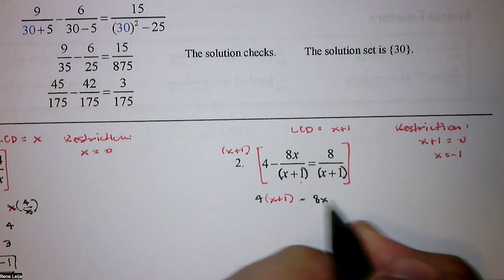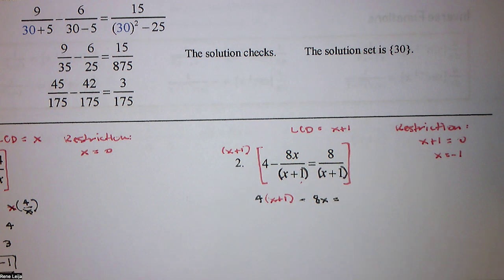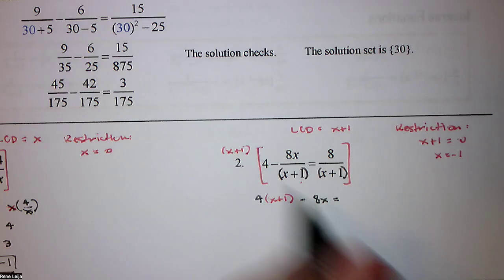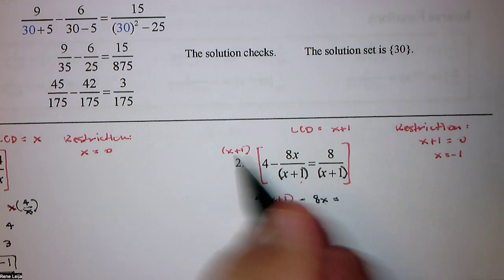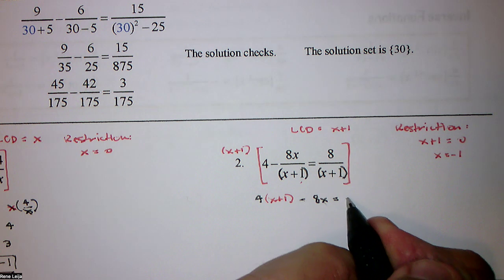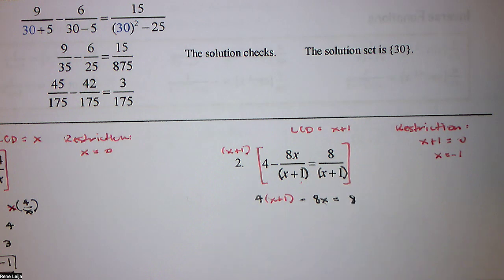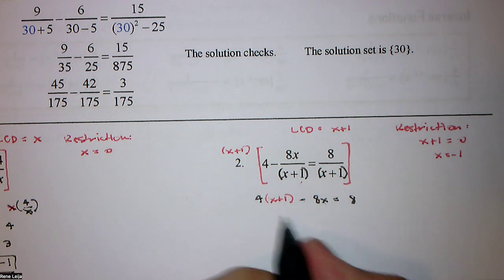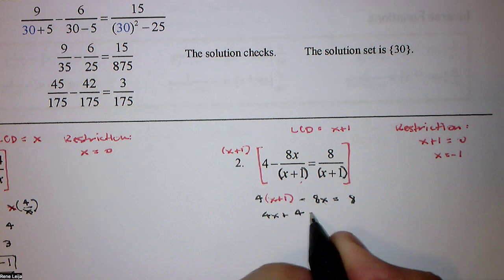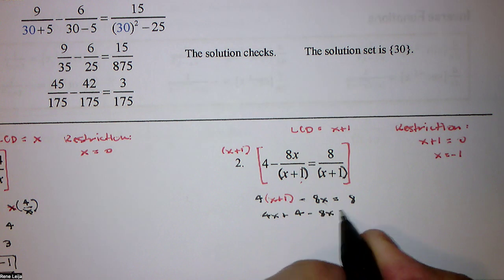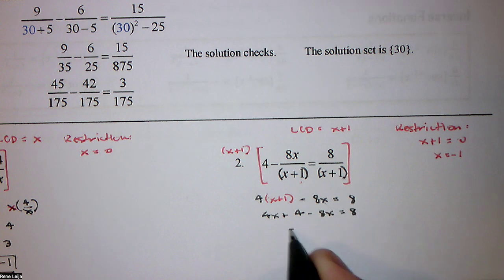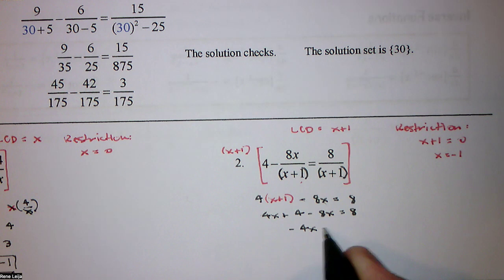They're going to reduce. They knock each other out. Equals, and then when I distribute to this last term, the x plus 1s go away. They knock each other out. And we're just left with the 8. Okay, so now we distribute. So 4x plus 4 minus 8x equals 8. So we get a -4x plus 4 equals 8.